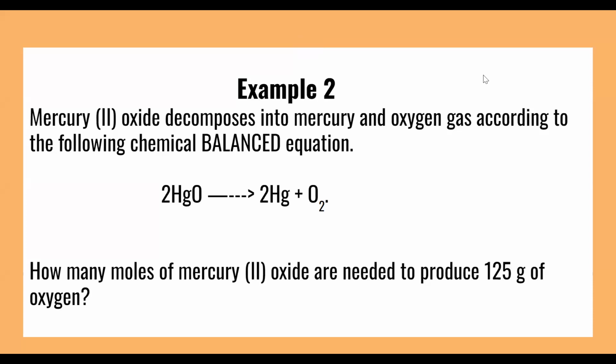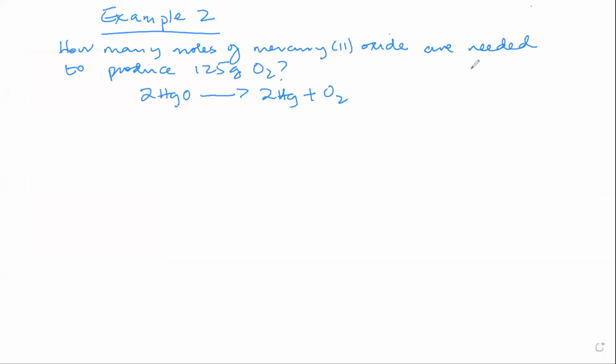Again, we are calculating the quantity of a reactant from a product. We have to understand the question. We are going from grams of oxygen to moles of mercury(II) oxide, from one substance to a different substance. This balanced equation makes it a stoichiometry problem again.